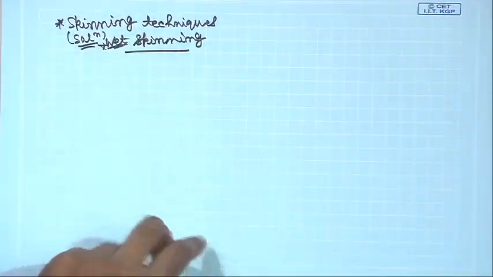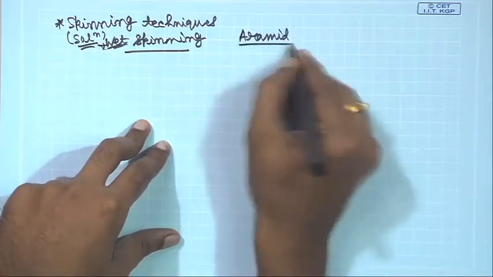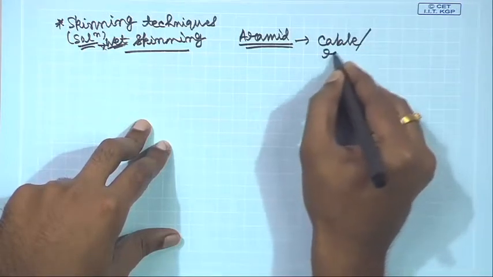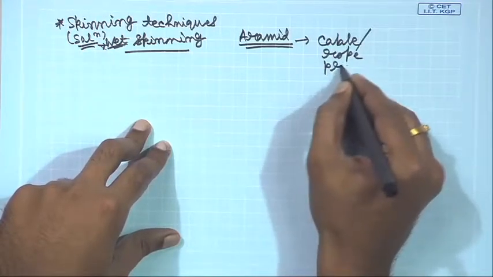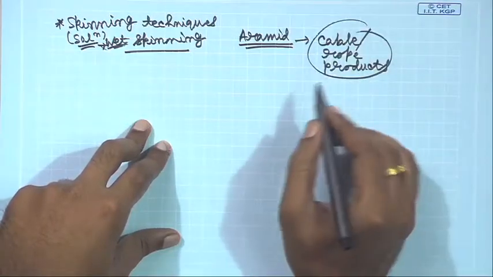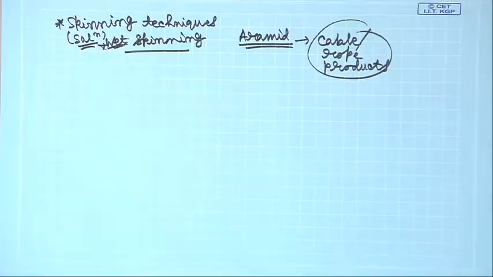Of course, these para aramid fibers that you are going to produce are used as cable or rope products and so on, and the production is expensive because the processing is also expensive. We will come to that now.